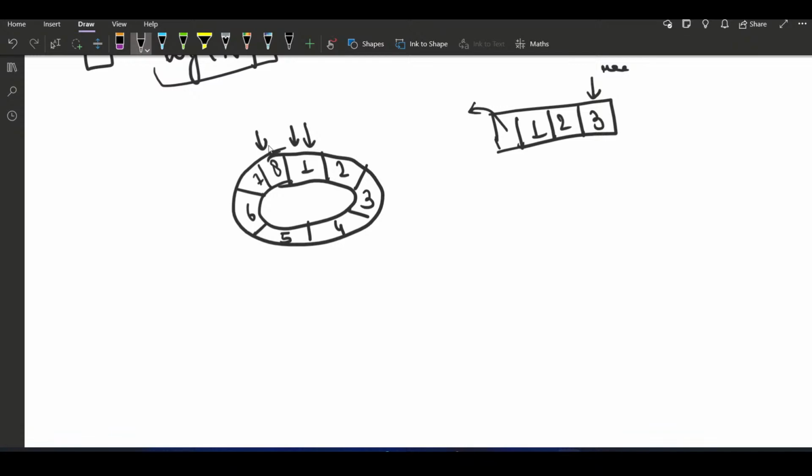And if we remove any element, then we can insert. Suppose we remove this one, in that case we can insert the element. So this is the benefit of the circular queue.